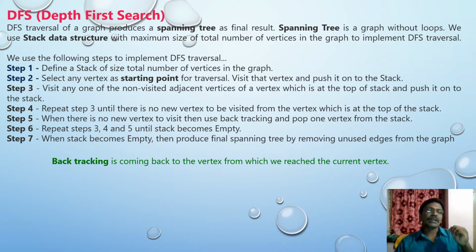Finally, when the stack becomes empty, produce the final spanning tree by removing unused edges from the graph. It means after completing the visiting, the stack is empty.